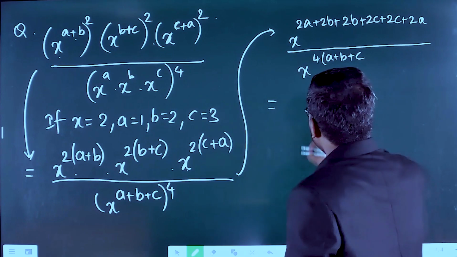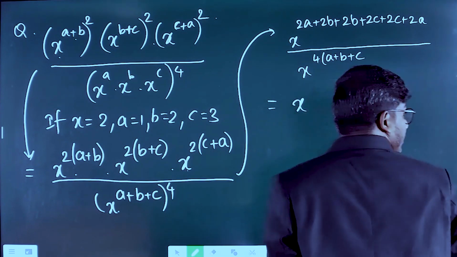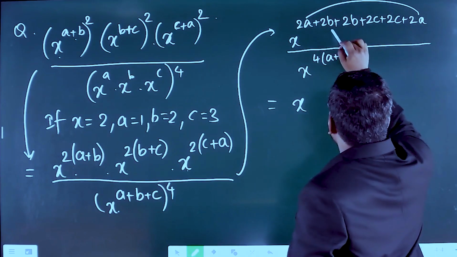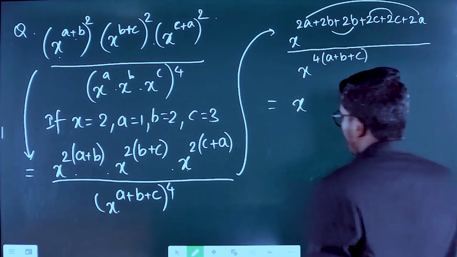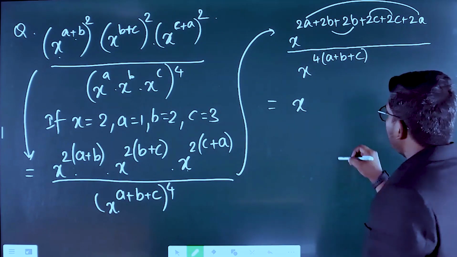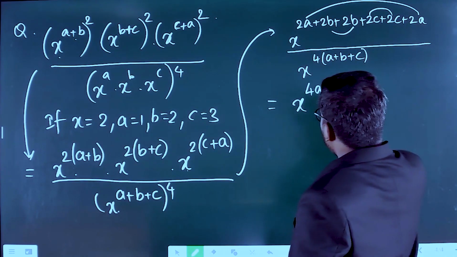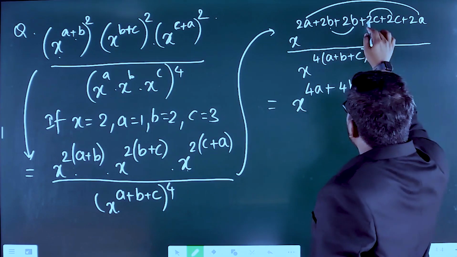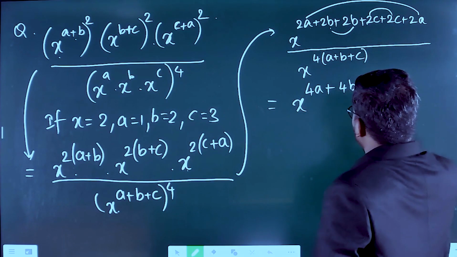So this shall be x power 2a plus 2a shall be 4a, 2b plus 2b shall be 4b, and 2c plus 2c shall be 4c.